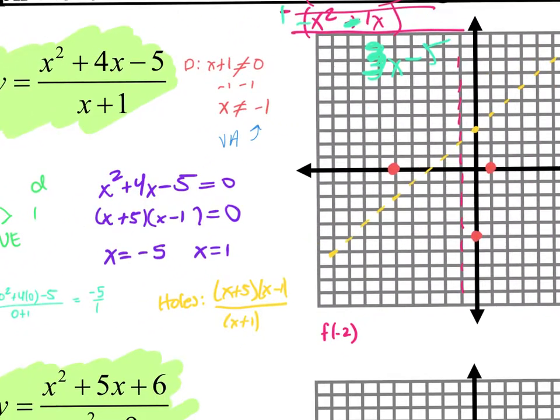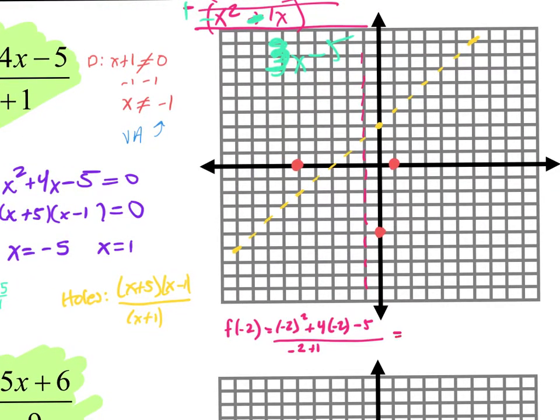Right, so I have -2 squared plus 4 times -2 minus 5 over -2 plus 1. You guys agree? Yes or no? Yes. Okay.